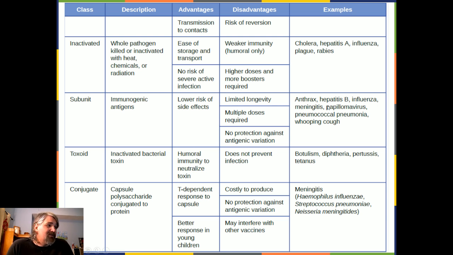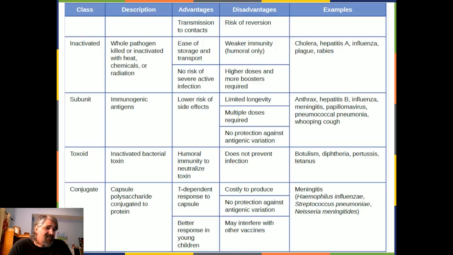But this also includes anthrax, which most people don't get, Hep B, influenza, meningitis, the wart virus HPV vaccine, pneumococcal pneumonia, and toxoid: botulism, diphtheria, pertussis, tetanus. So the T is a toxoid in the Tdap, and the D. It does not prevent infection, however, but it will neutralize toxins.